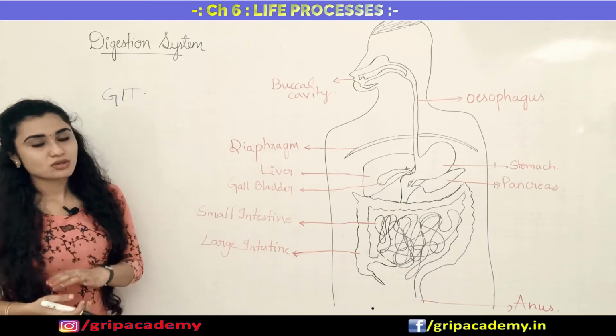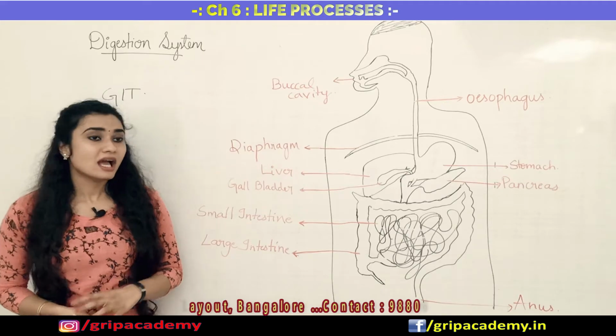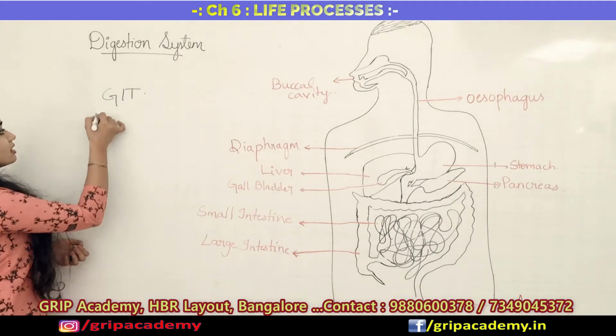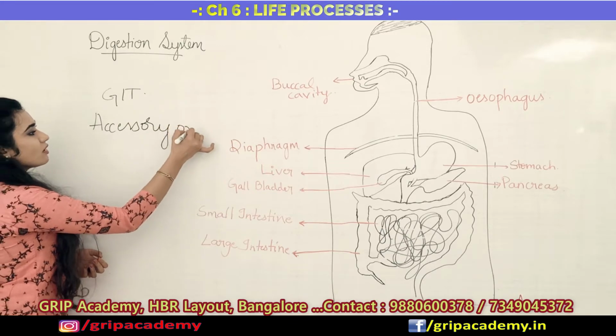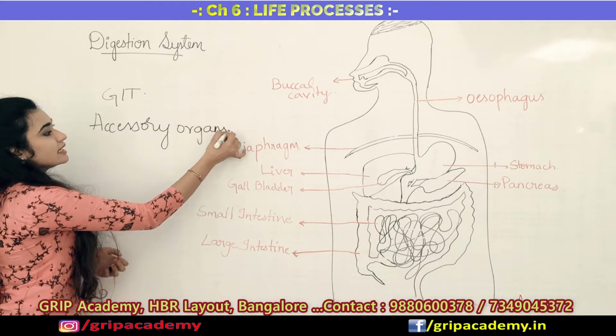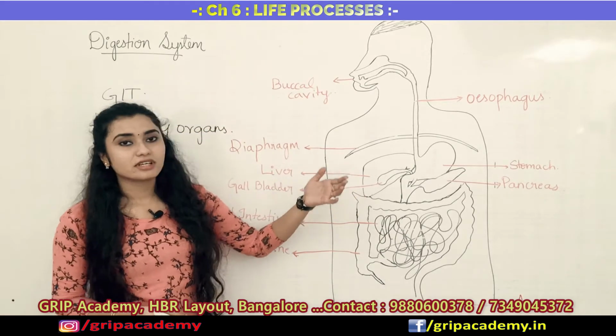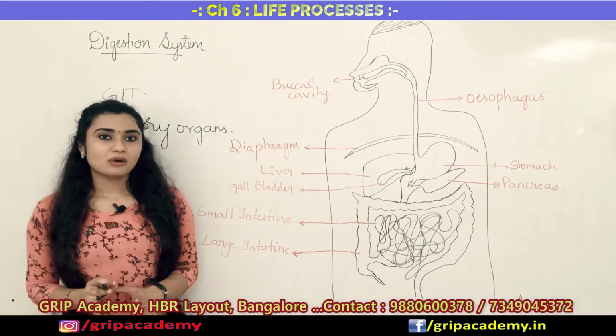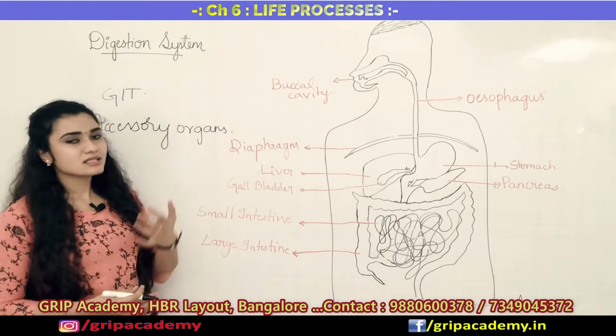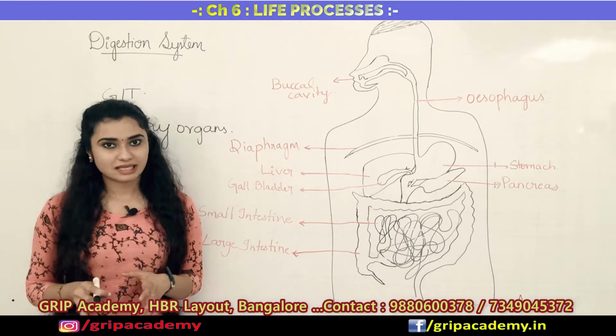It is also called the alimentary canal. The second set of organs are the accessory organs, which comprise the liver, pancreas, tongue, etc. Now let us study these parts and their functions in depth.